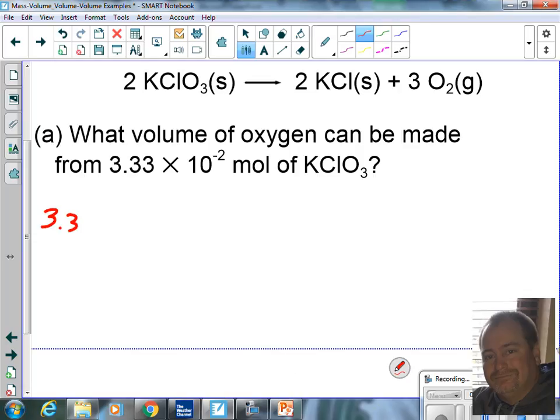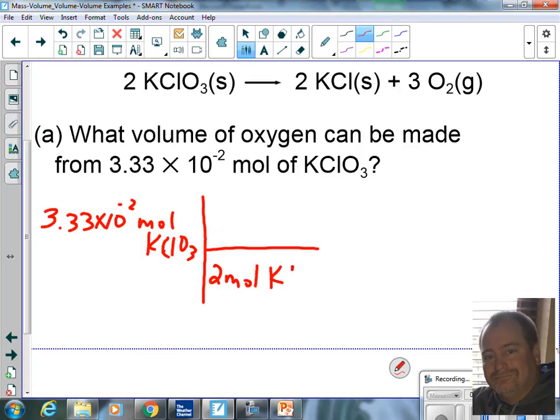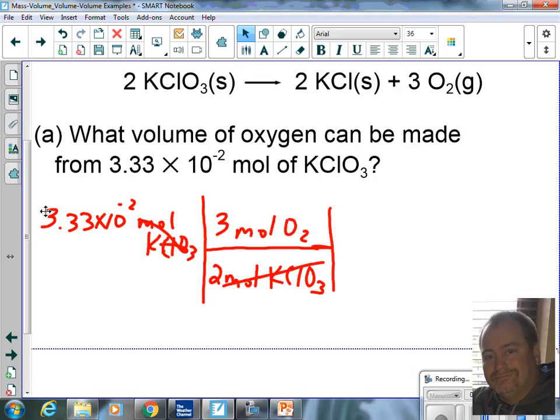So 3.33 times 10 to the minus 2 mole of KClO3. I flux capacitor that, and I look and I say 2 mole KClO3, 3 mole of oxygen. So now I've converted that into moles of oxygen.